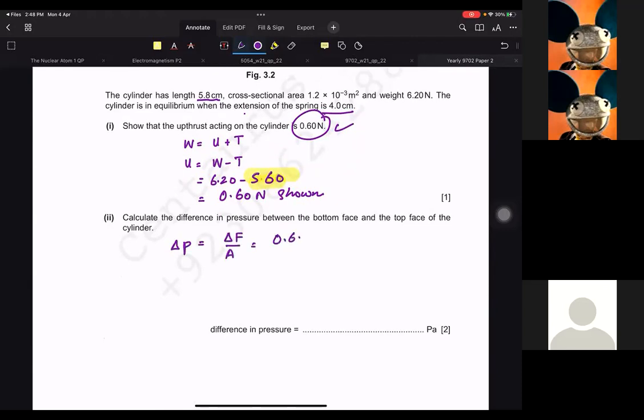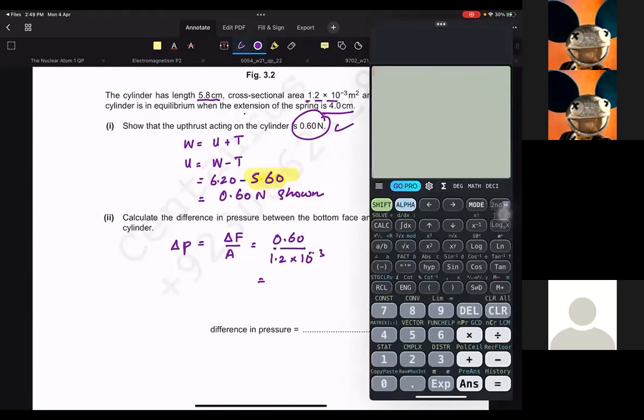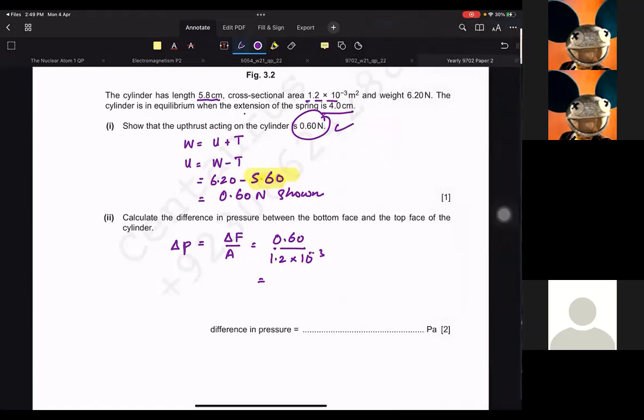The change in force is 0.60, and the area is, I think, this one, 1.2 times 10 raised to minus 3. Let's do this. Okay, so it is 500. So I'm going to write 500 pascals. Please let me know if you have a question.